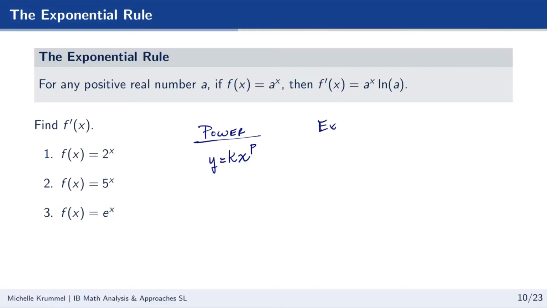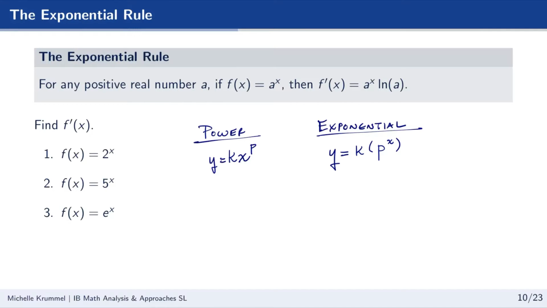But an exponential function is going to be of the form y equals, and we might have a coefficient in front, so we'll go ahead and put the k there. But instead of x to the power p, this time it's p to the power x. So with a power function, the variable is in the base, and your exponent is a number.